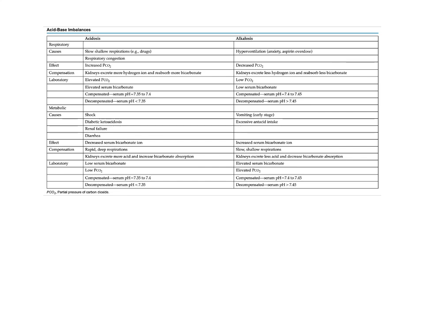So if we get rid of CO2 component with respirations, the body is trying to compensate. And another way the body tries to compensate is that the kidneys try to excrete more acid as well, or that hydrogen ion, and it'll try to increase more bicarbonate consumption.